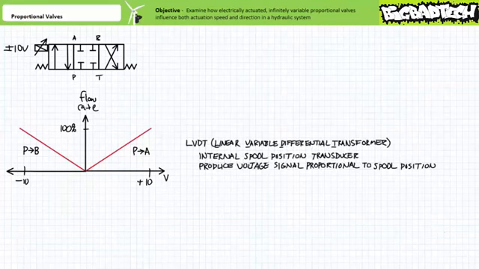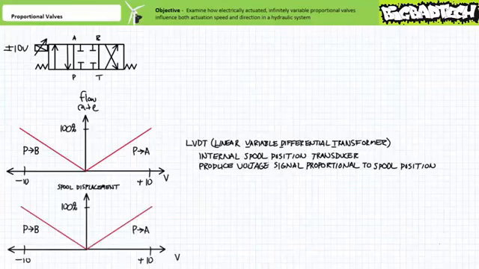As previously mentioned, proportional valves often include spool position feedback mechanisms. Ordinarily, this comes in the form of an LVDT, or a linear variable differential transformer. Not sure if I've got enough time to go into detail how an LVDT works, but in summary, it produces an output voltage proportional to spool position.